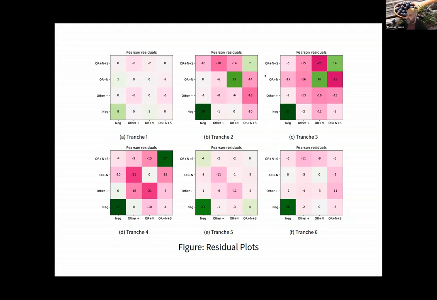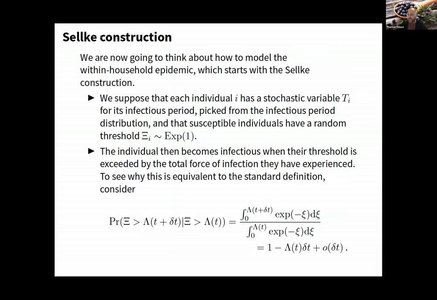A way of interpreting this is these green squares are ones where you have a positive residual, and what that's telling you is that the gene patterns, whether you're S positive or S negative, which is indicative of whether you're alpha or delta, certainly when one of those strains is taking over, right? Not when everything's just one strain, but when there's some appreciable amount of both strains, that is significantly more correlated in households than you'd expect from the level in the community, and that's again indicative of transmission.